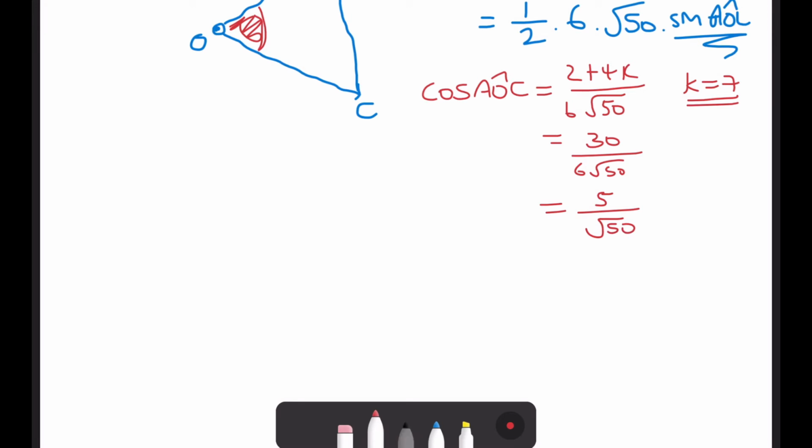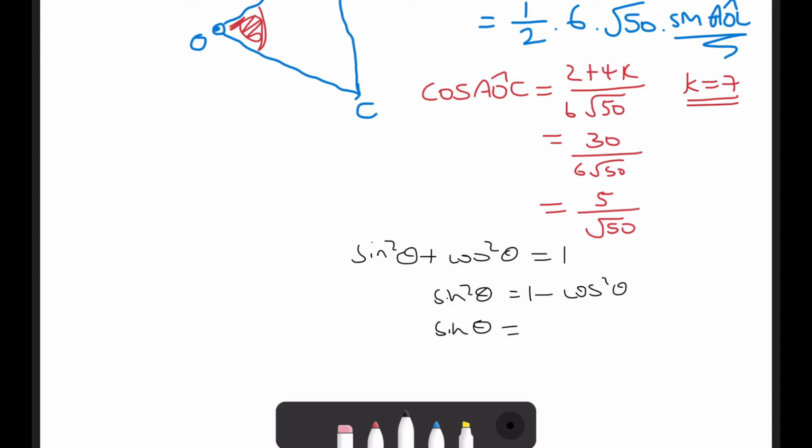So now you need to remember the rule that sine squared theta plus cos squared theta equals 1. So sine squared theta equals 1 minus cos squared theta. So sine theta equals the square root of 1 minus cos squared theta.